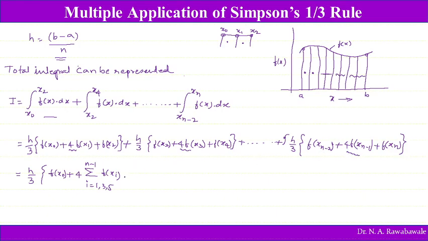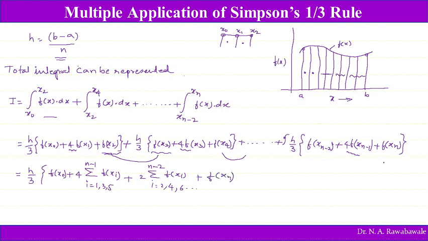Then plus 2 times. We can see f of x2 is in this bracket as well as in this bracket, so this is 2 times. So 2 times the summation of i equal to 2, 4, 6 like this. Here 2 is repeating, 4 will repeat, 6 will repeat, and so on, up to x n minus 2, f of xi, plus f of xn.